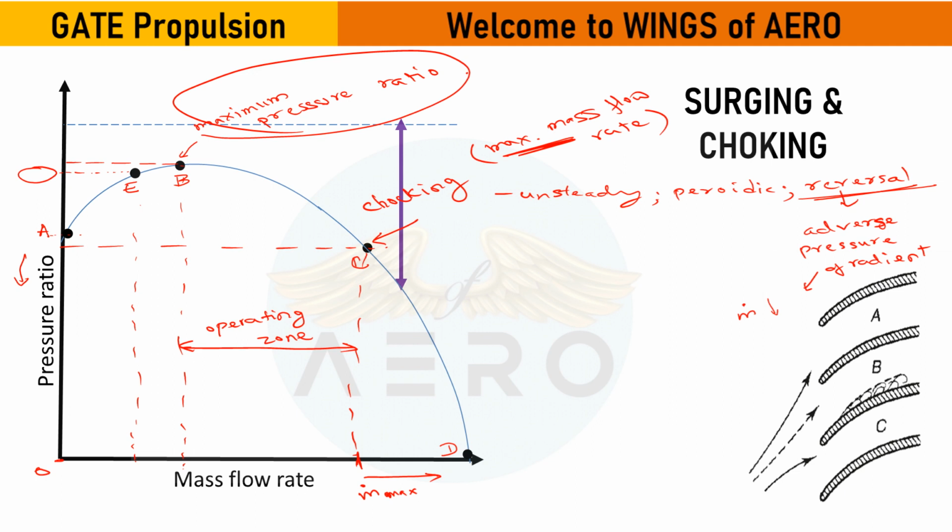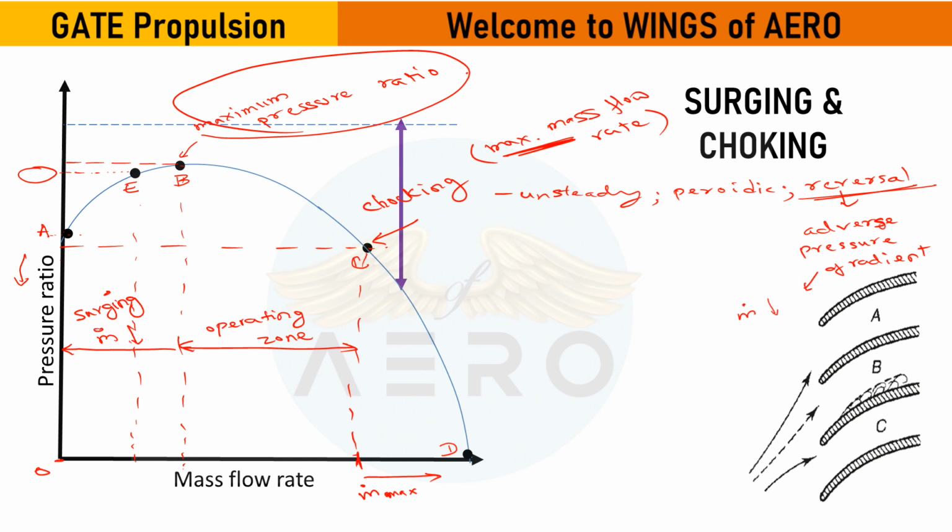But if actually the point is somewhere below this, and the pressure ratio lies from point B to point A, it will start to surge. It is called stalling, with unsteady flow, the flow will not flow properly, and there is a decrease in mass flow rate.